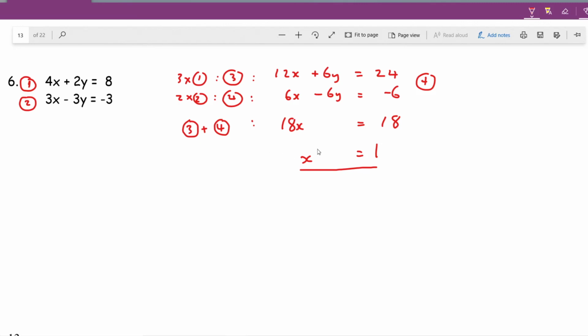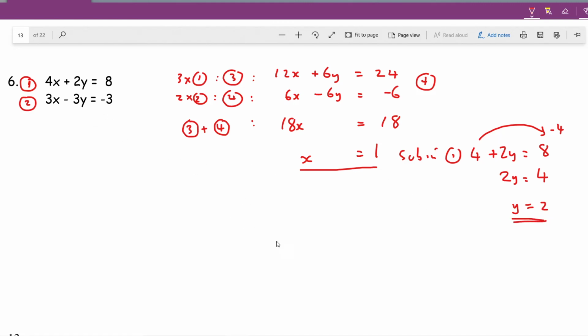Now I just need to sub into the simultaneous equation, so I'm going to sub it into equation 1. So 4 times 1, x is replaced by 1, 4 times 1 is 4, plus 2y is going to equal 8. Get the 4 to the other side by minusing 4. So 2y is 8 take away 4, which is 4. So divide both sides by 2. So y will equal 2.